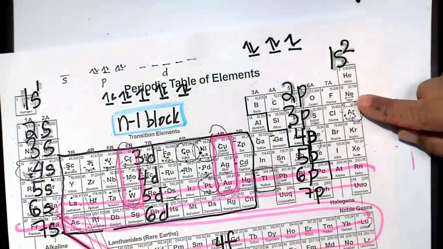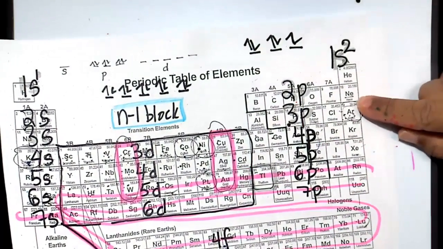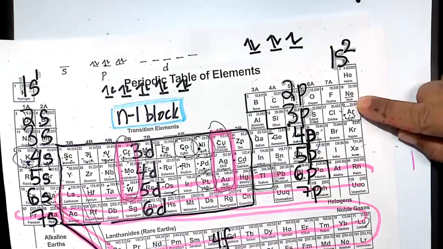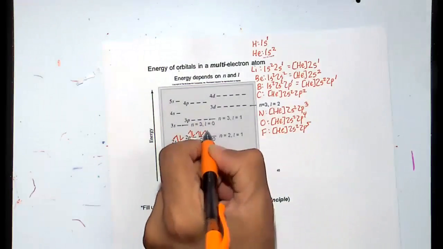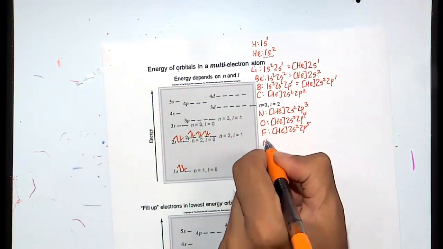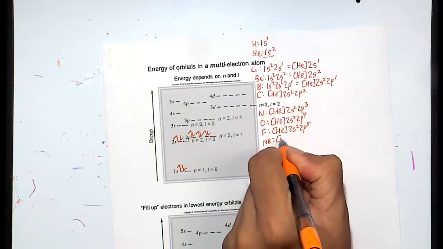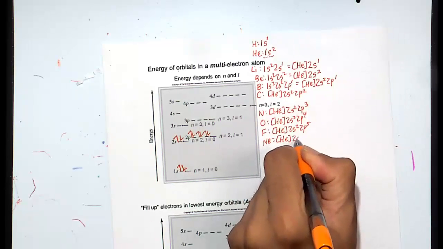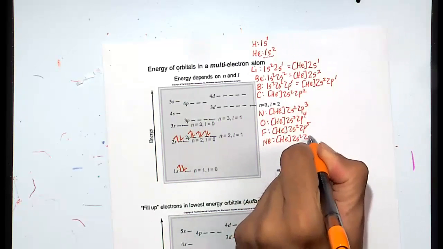And now neon. Neon is a noble gas. Why is neon a noble gas? Because the 10 electrons fill the n equals 2 energy level. So neon is basically helium 2s2 2p6, but basically it's just neon, because it's a noble gas.